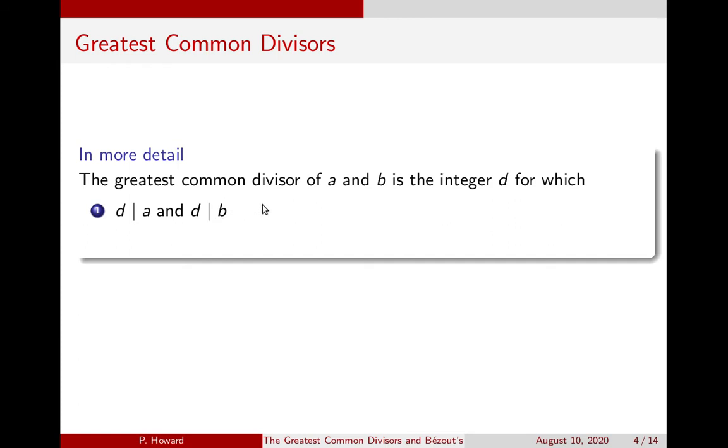These two formulas say that d is a common divisor. And the second requirement: for every integer n, if n is a divisor of a and n is a divisor of b, then n is less than or equal to d. This is the part that says d is the greatest of the common divisors.